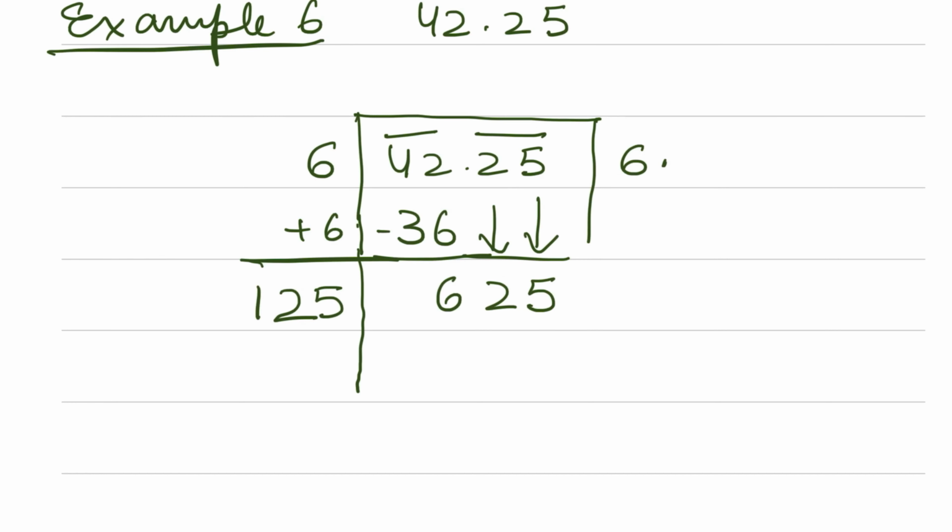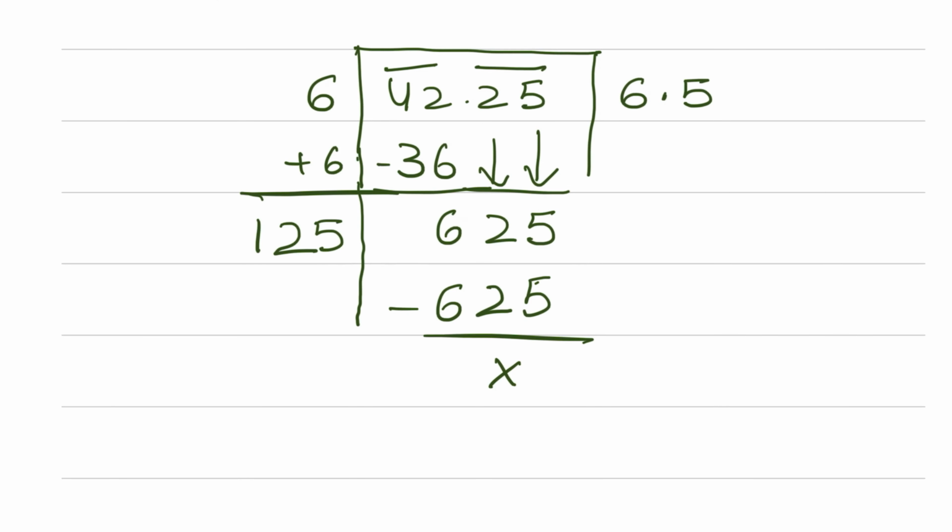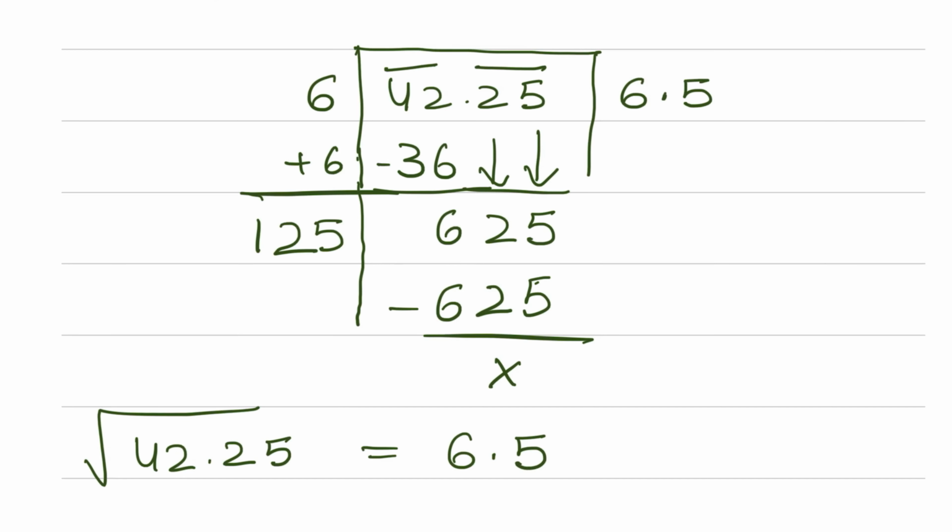So clearly I can see 5 here. So 5, 5, 25, 10 and 2, 12, 1 carry and 625. Subtracting, that's fine. So I can say square root of 42.25 is equal to 6.5.